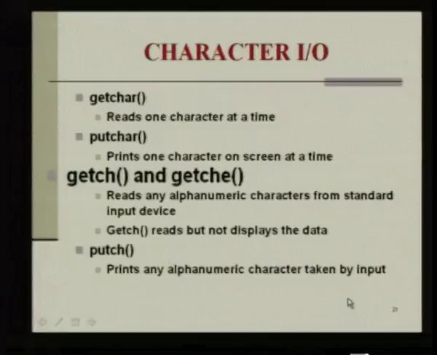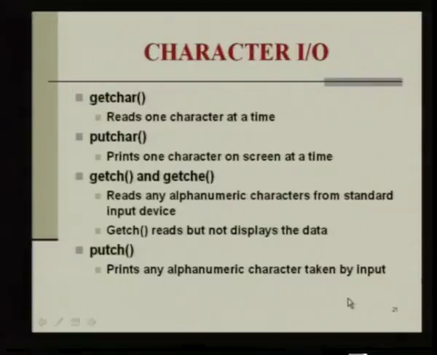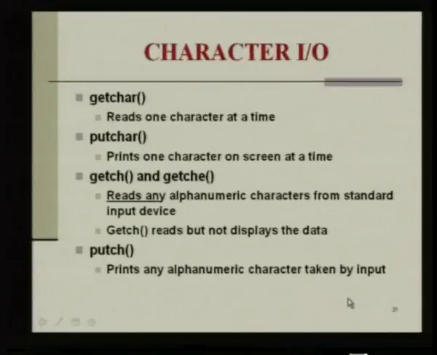Next you have getch and getche. Both of them do the same job of accepting characters, but these can accept both alphabets as well as digits. That is why they accept alphanumeric characters. The difference between these two is that getche reads as well as displays the character, whereas getch only reads the data, it will not display the data.